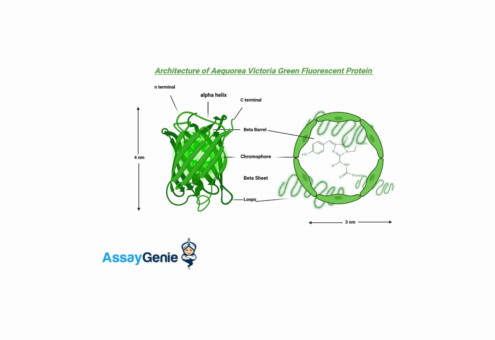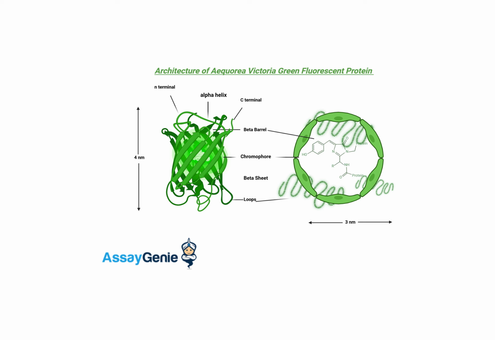The guide also mentions a technique called FRET, Förster Resonance Energy Transfer. Could you explain how that works and how it relates to fluorescent proteins? So FRET is a really powerful technique for studying interactions between molecules. It relies on this principle that when two fluorescent molecules are super close to each other, the energy from one can actually be transferred to the other.